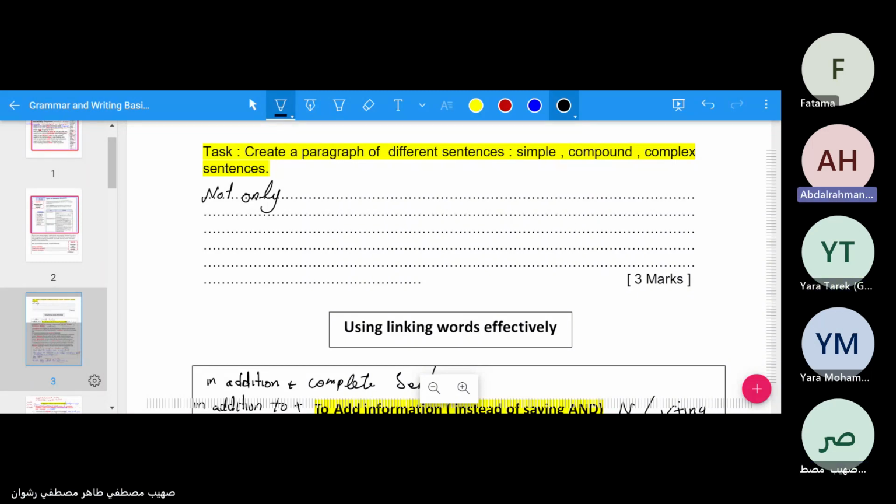Sir, not only comes at the beginning and but also comes in the middle, right? Yes, not only and but also are correlated words. They are used together. So here you will use not only with sentence number 1, then but also with sentence number 2.